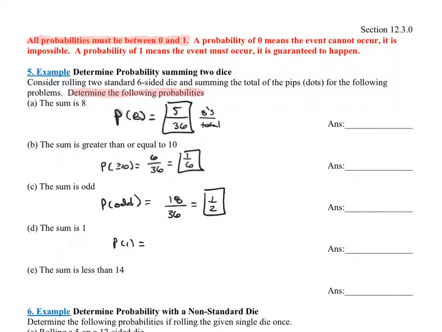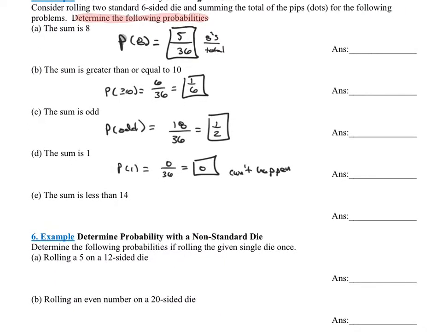What's the probability of getting a 1? Well, look in that table. The smallest sum that you could get is a 2, so you can't get a 1. That's 0 of the 36 total options in the chart, which is 0, meaning it can't happen. Now the sum is less than 14.